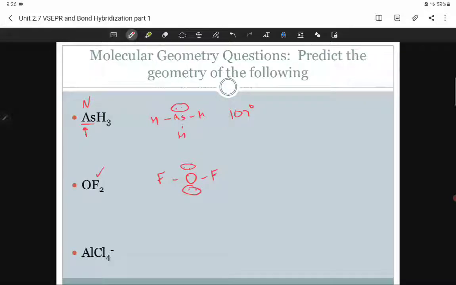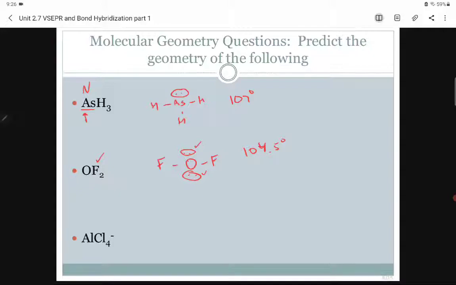So it's going to be a bent molecule. These electrons are going to repel more than the others, and it's going to have a bond angle similar to water. Water is specifically 104.5, but because it's fluorine, probably not exactly 104.5, but very, very close.